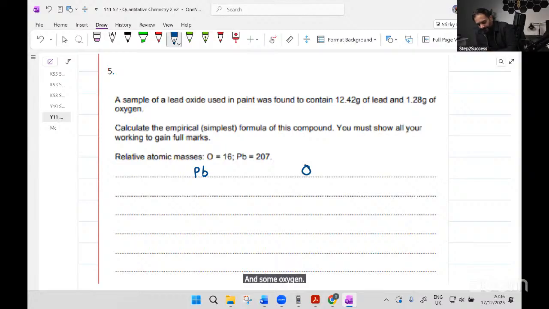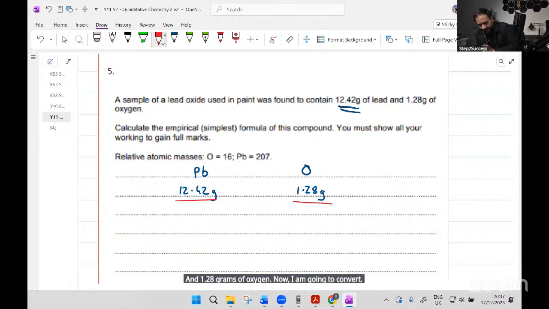We have found that it contains 12.42 grams of lead and 1.28 grams of oxygen. Now, I am going to convert both of these to moles. So the lead I'm going to divide by 207, the oxygen I'm going to divide by 16.